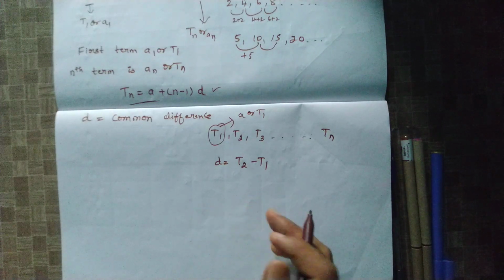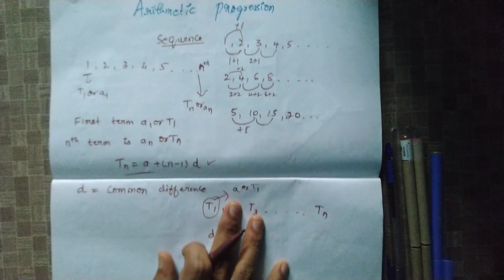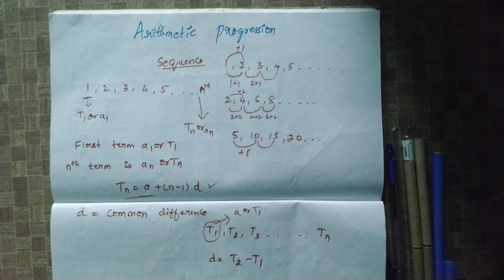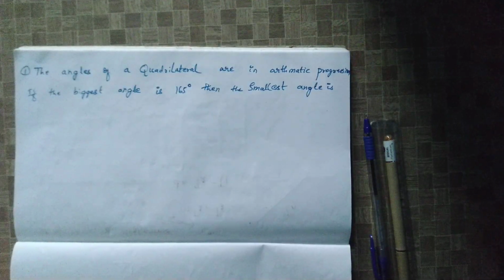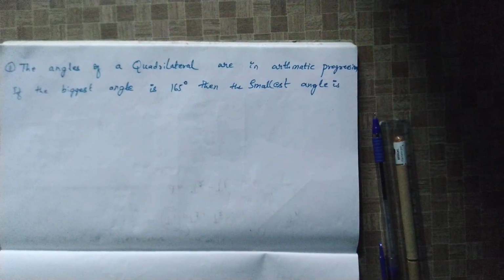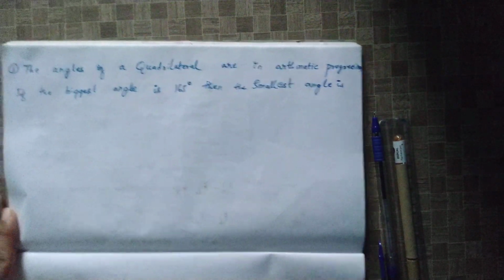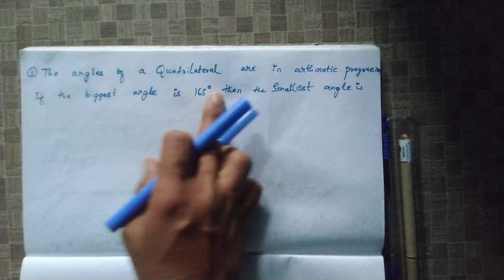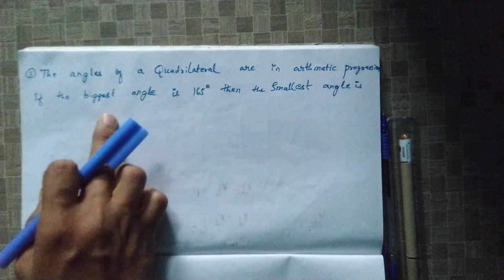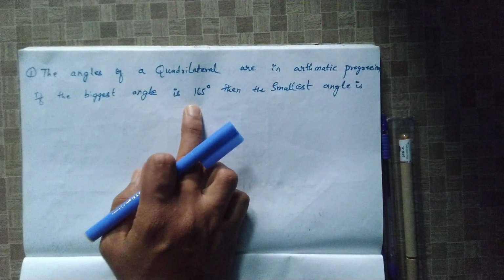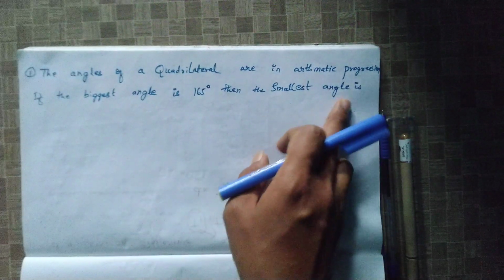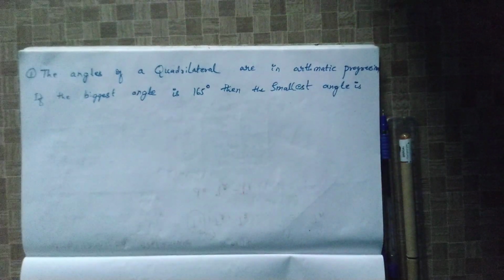Next we solve some problems on arithmetic progression. Here is our problem. The angles of a quadrilateral are in arithmetic progression. If the biggest angle is 165 degrees, we have to find the smallest angle.